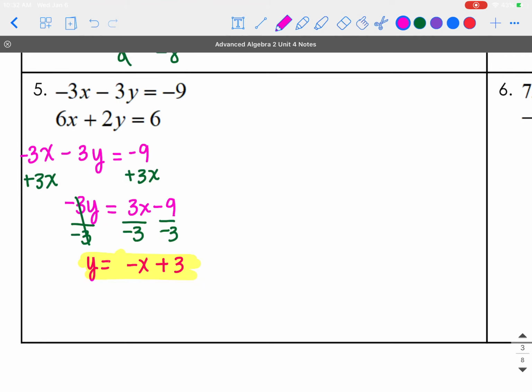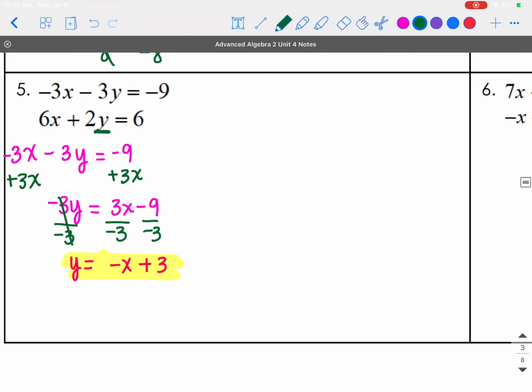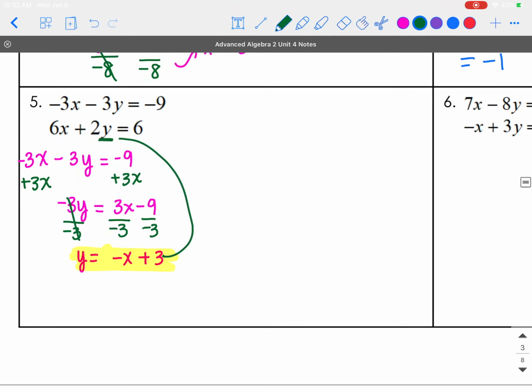And then I'm going to look at the other equation, and I'm going to find the y, and I'm going to plug it in. 6x plus 2 times negative x plus 3 equals 6.